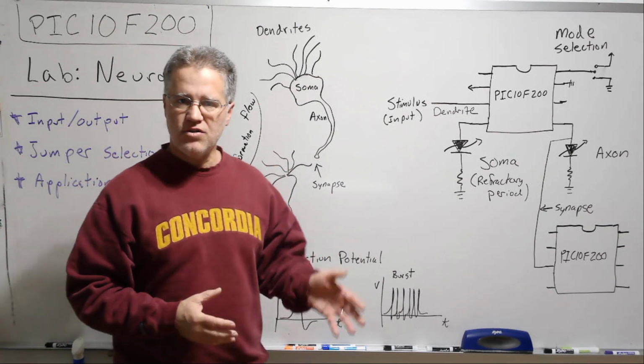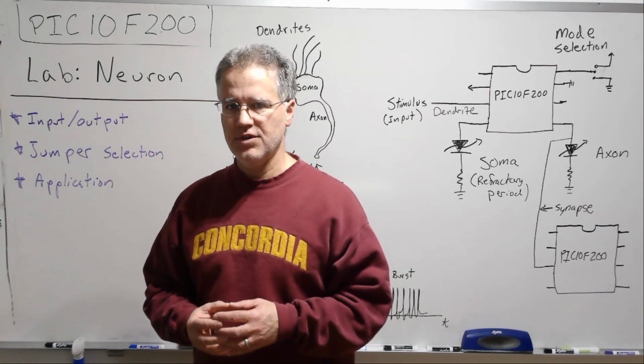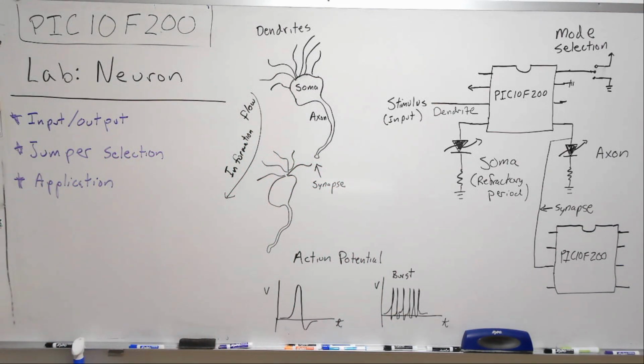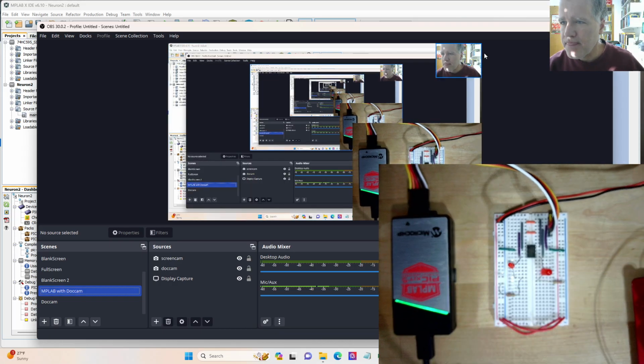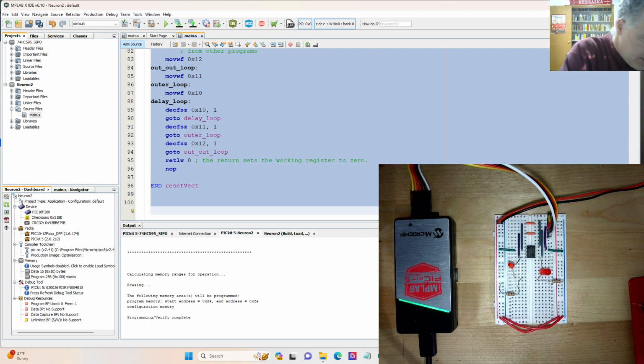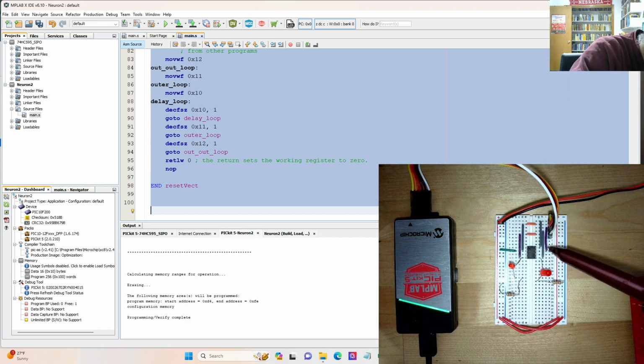All right, so let's go look at the circuit and also the assembly code that is used to simulate these neurons. All right, so here we have a single PIC10F200, and again, these are set so that we can program with our PICkit 5.